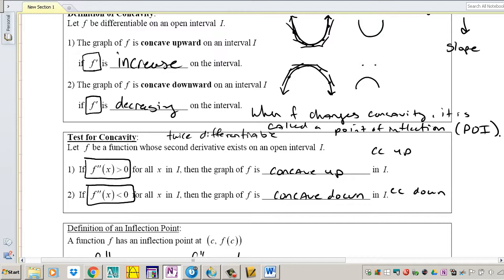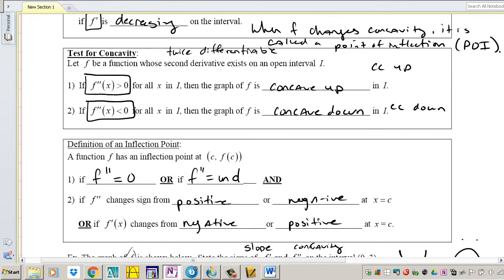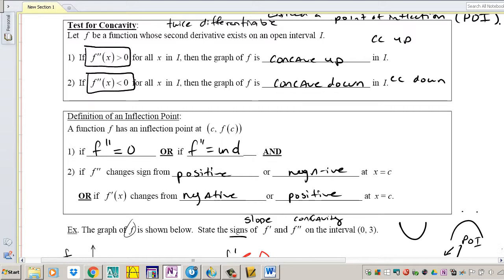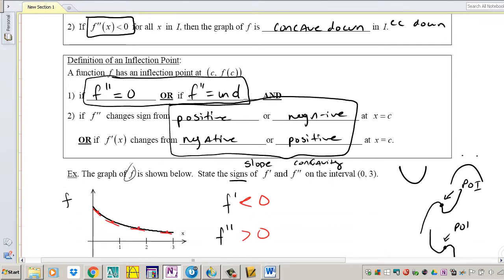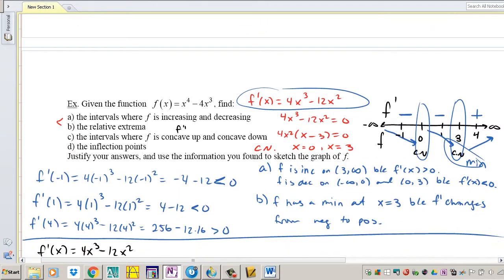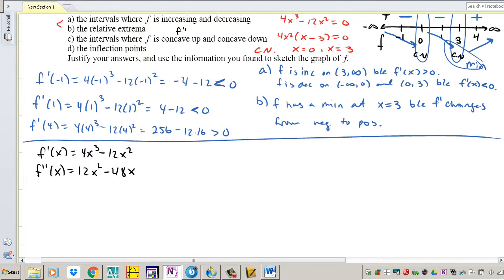So I have to determine where my points of inflection are, which means by this definition, a point of inflection is when the second derivative is equal to 0 or undefined, but it's not enough for me to determine if they're undefined or 0. I also have to check to see if they even switch concavity. So I have to do another number line test, but for the second derivative.